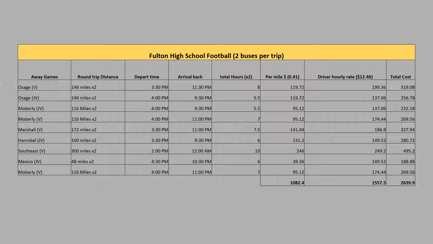So the cost per mile for the football team during this season was $1,082.40, and the driver hourly rate was $1,557.50. Add those 2 together, so the total cost of transportation for the boys football team was $2,639.90.